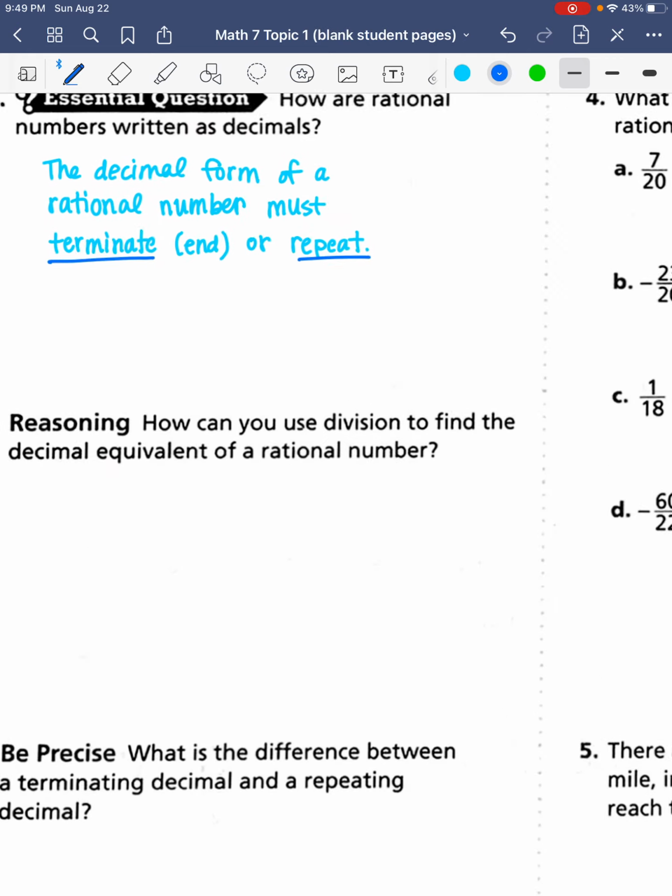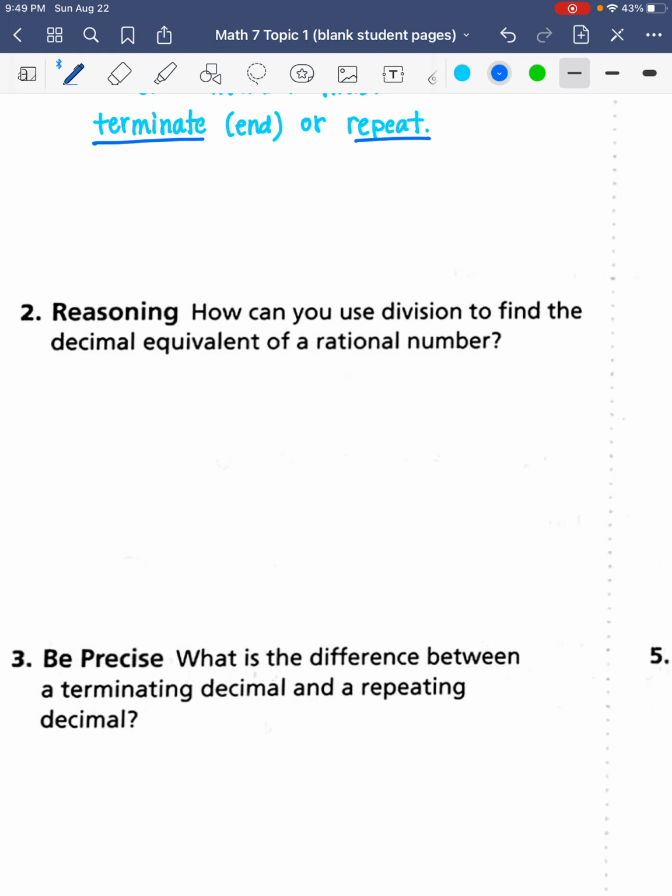Okay, let's look at number 2. How can you use division to find the decimal equivalent of a rational number?